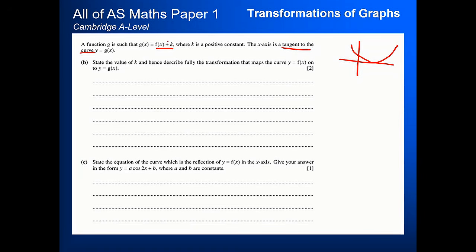Now also notice here, with f of x plus k, the k, what impact this has, this is a translation upwards or downwards. So we're going to combine all that knowledge together to then work out what the value of k is and then describe fully the transformations. So we want this effect to happen, and we can move by a translation upwards or downwards.